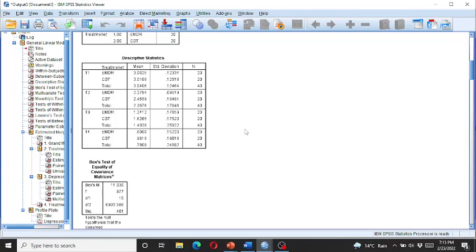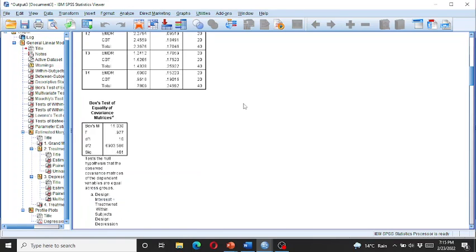But here you can observe that, as for the reduction of depression by the treatment, the EMDR has better helped in decreasing the level of depression as compared to the CBT. That is clear from their mean values and the reduction in these mean values with the passage of time.